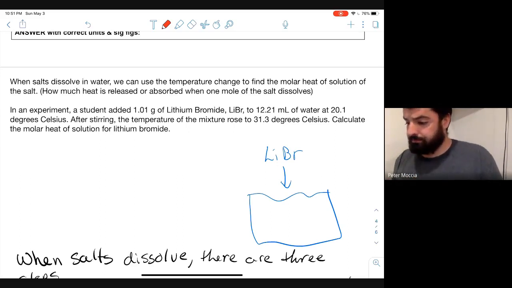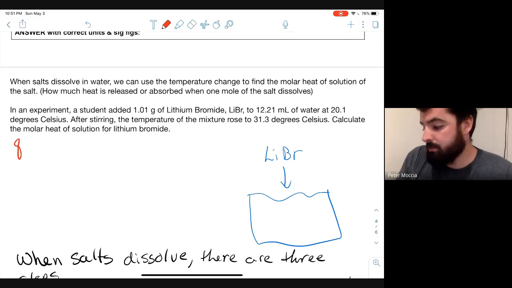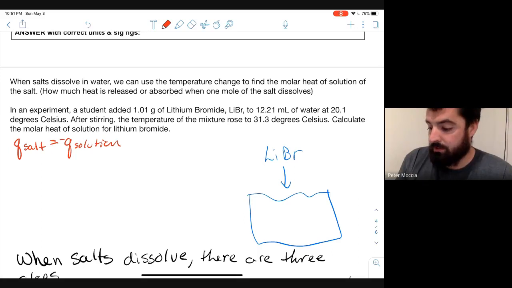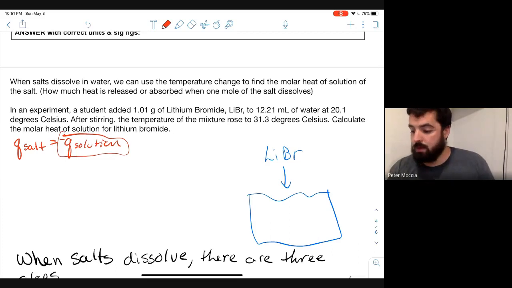So what you can say here is that the heat lost by the salt is equal to the opposite of the heat gained by the solution. So what we're going to find is the heat gained by the solution.